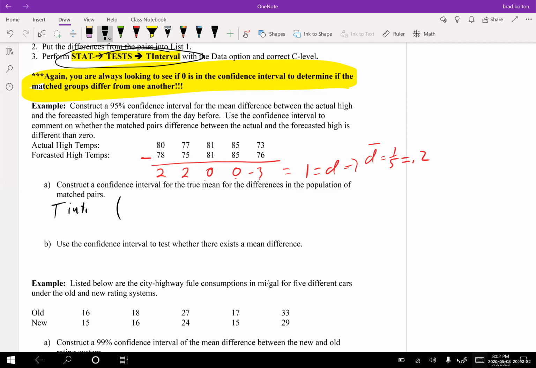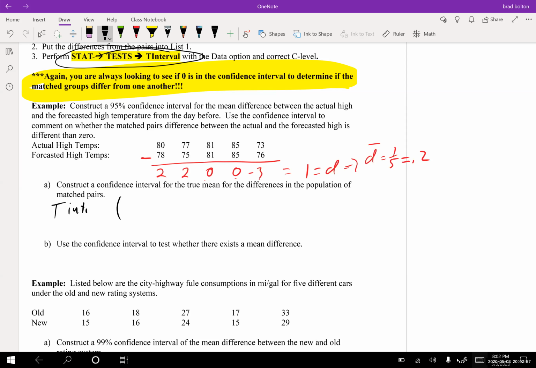Okay, so now we go into stat test, t-test. Nope, sorry about that, you guys. Stat test, t interval, because we're doing intervals. And then I have data from list 1. And what level of confidence do they want? 95% confidence.